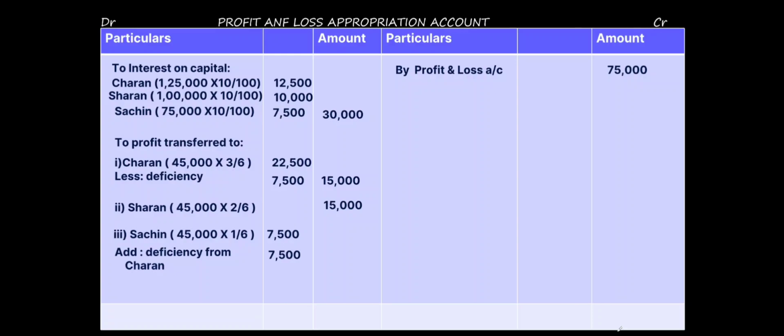So he will get his guaranteed profit of rupees 15,000. So these are the adjustments which are made in the profit and loss appropriation account. Now find the total of profit and loss appropriation account. It is 75,000 on the debit side and credit side. So on both the sides you get the same total.